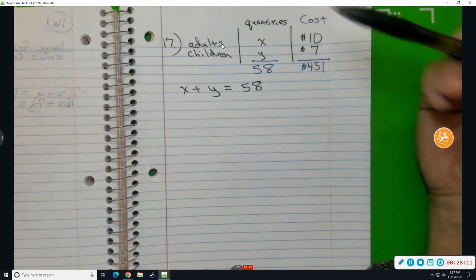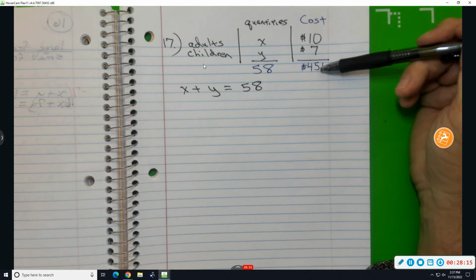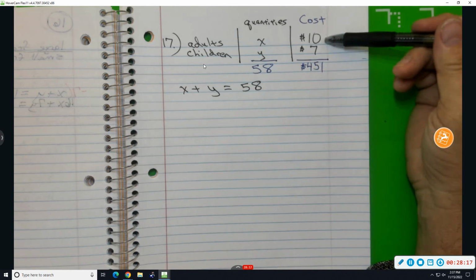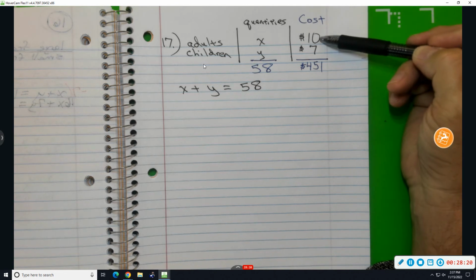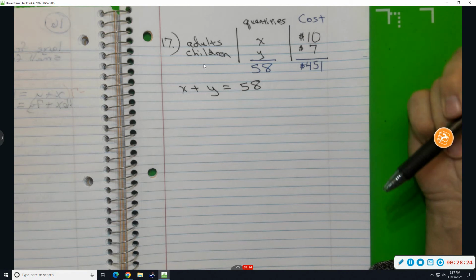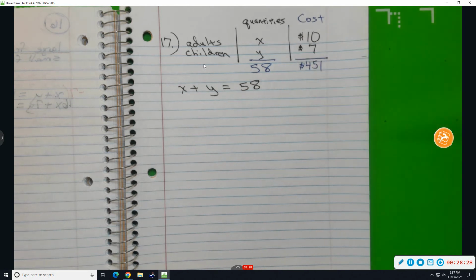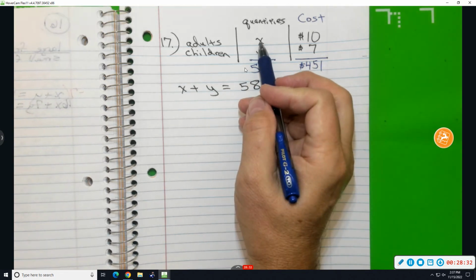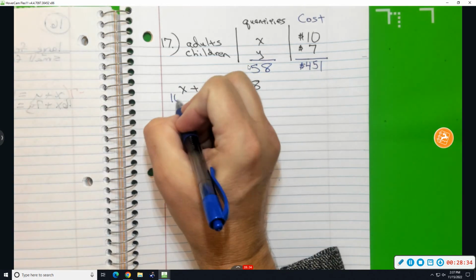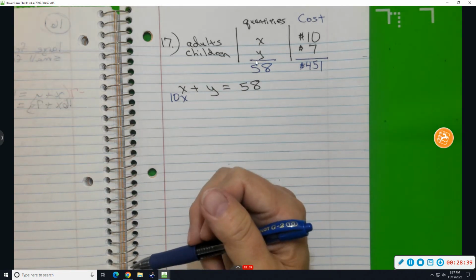Now, how much money did the adults pay? How much of the $451 came from adults? You take the cost per ticket times the number of tickets sold. Cost times quantity. So that's 10 times X. You tell me how many adults attended, I'll tell you how much money they paid.